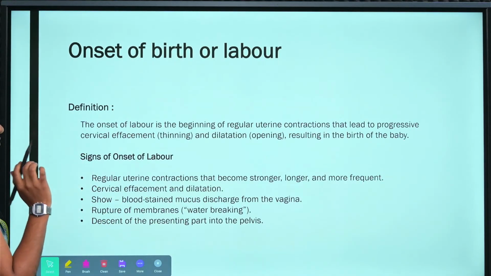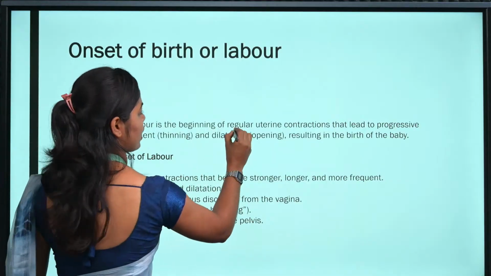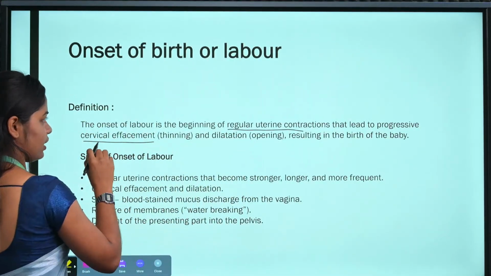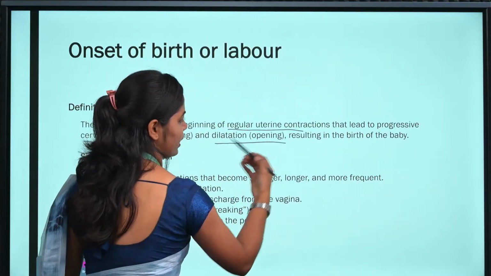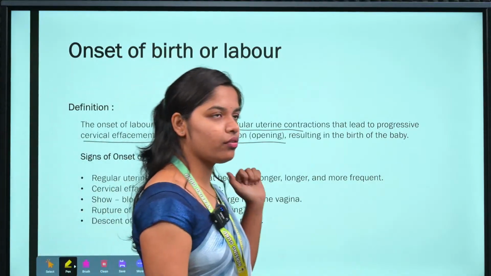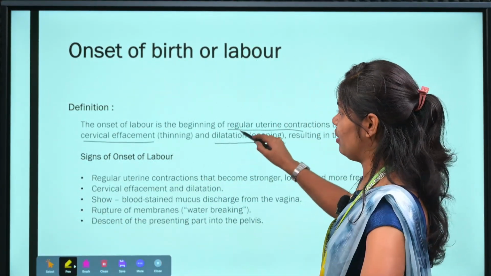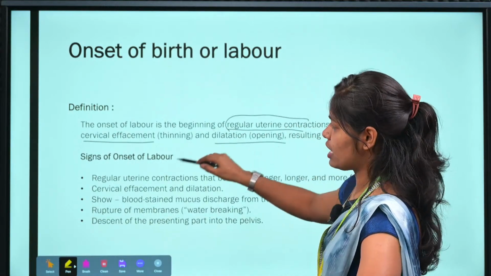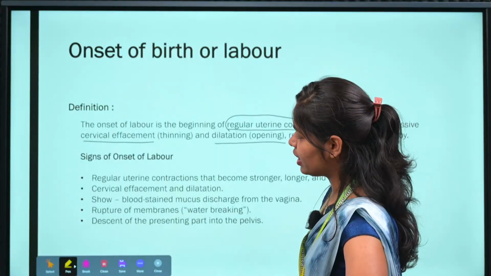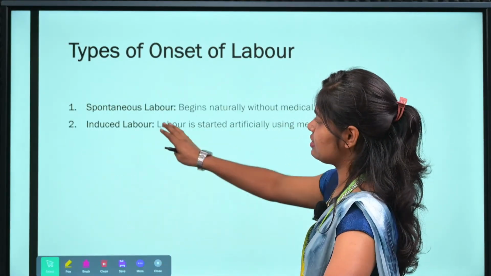In the onset of labor, normal uterine contractions, normal effacement, cervical thinning and normal dilatation happen without any external medication or procedure, and we deliver the baby. That we call spontaneous labor.